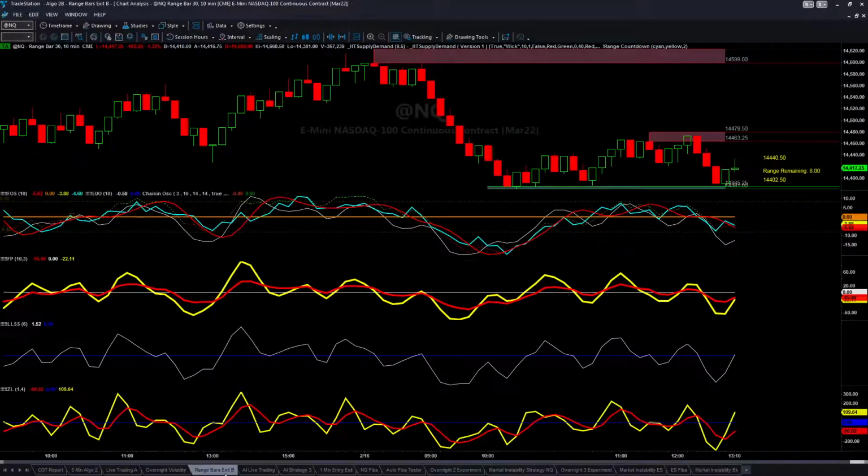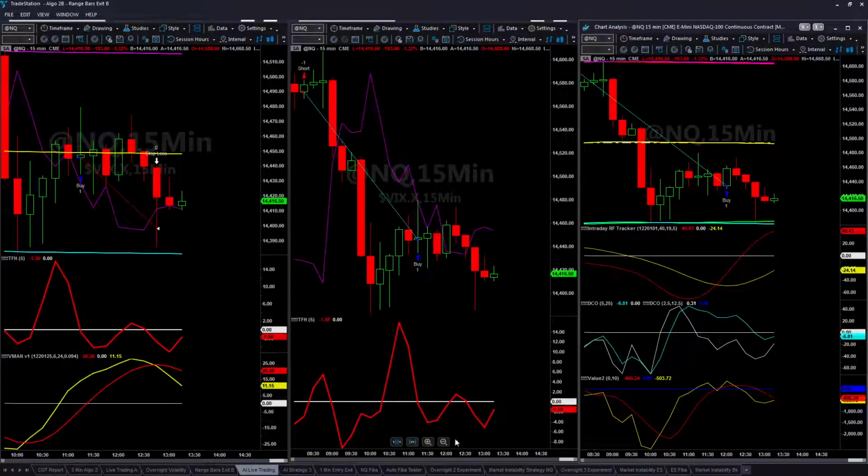Looks like it's starting to shape up for a long position, and I still don't want to take a long position until I actually get out of here. If this actually goes above the 0 line, then okay, but until then, I'd be cautious.